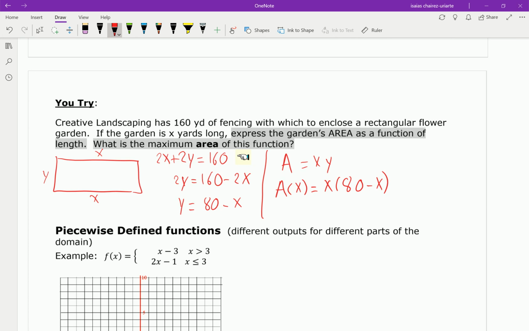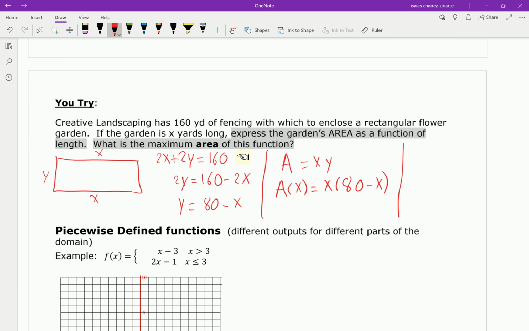Again, we're dealing with an upside down parabola that has x-intercepts at 0 and at 80. So the maximum area is going to happen at 40, when my length is 40. And the maximum area is going to be 1,600.